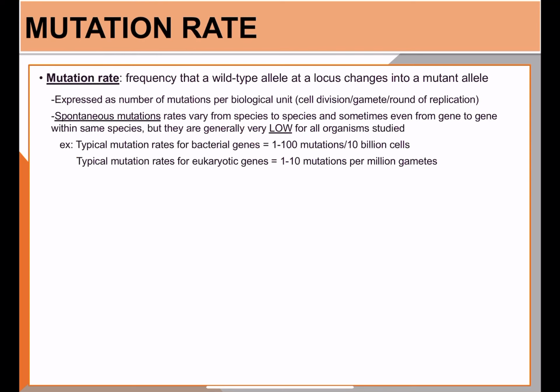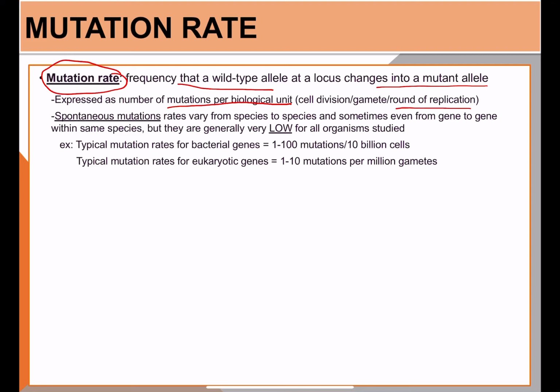This is what we call mutation rate, which is the frequency that a wild type allele at a locus changes into a mutant allele. Okay, it is usually expressed as a number of mutations per biological unit: mutations per cell division, however many mutations per gamete, or however many mutations per round of replication.